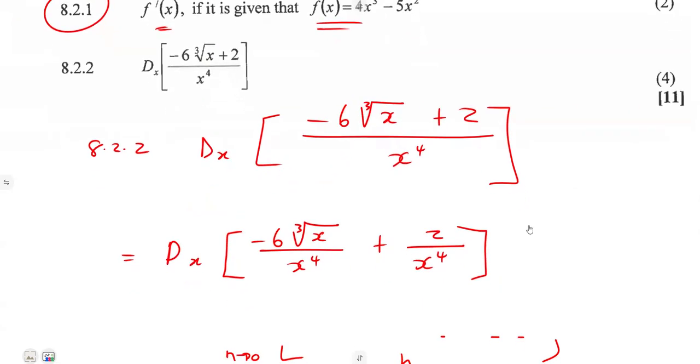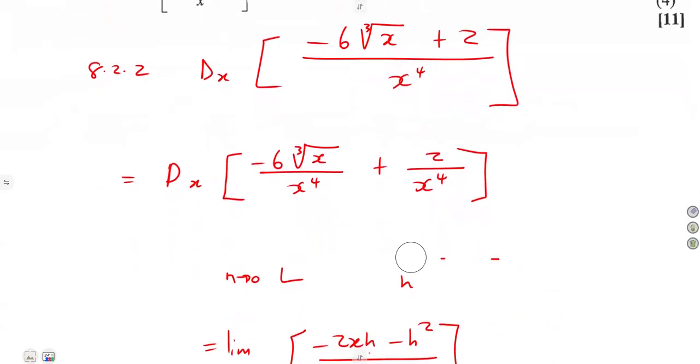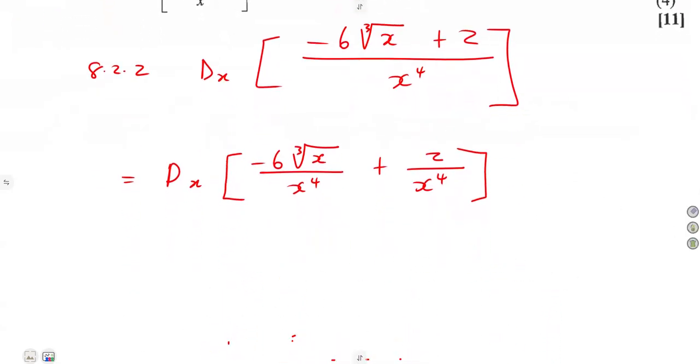As we have separated, we still cannot differentiate since we do not have the form ax to the exponent of n. So we must get rid of these roots and these fractions.